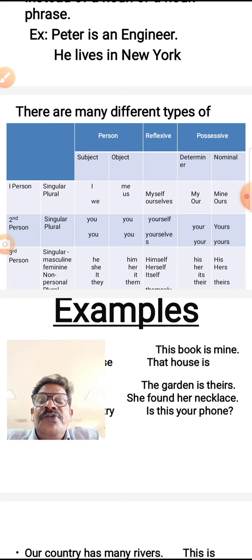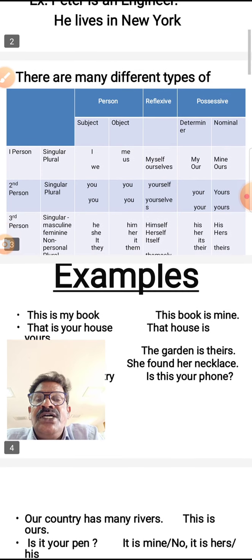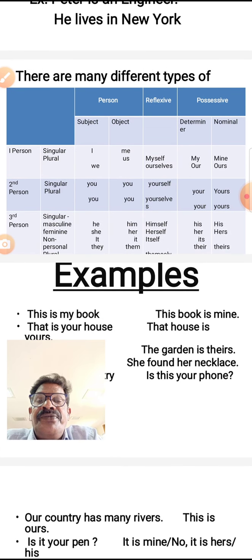Now in the first column we have first person, second person, right? Third person. And in the next column, singular, plural. Second person, singular, plural. Third person, singular, masculine, feminine, non-personal, plural.